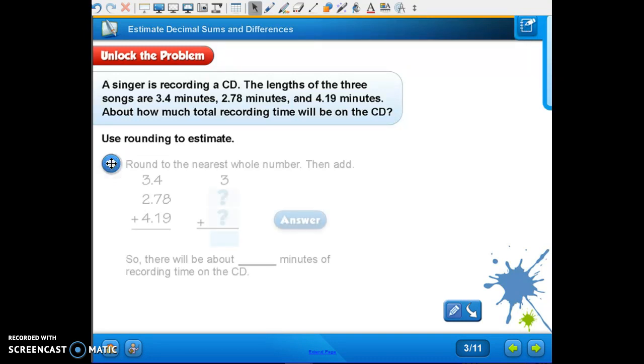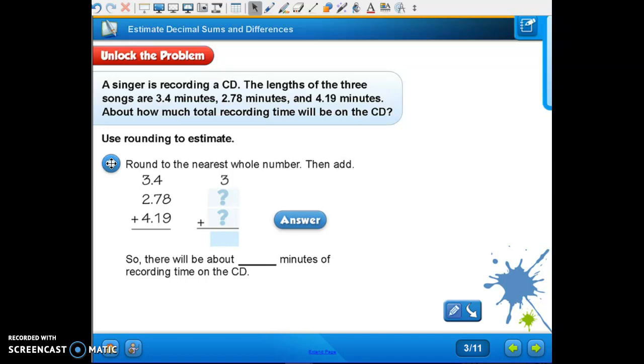It says use rounding to estimate. Round to the nearest whole number, so that would be the number in the ones place. So 3 4/10 rounds to 3. The 4 does not affect the 3, right? 2 78/100. Does 7 affect the 2? Yes.